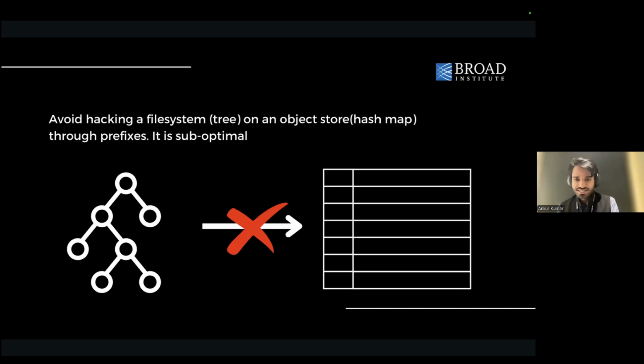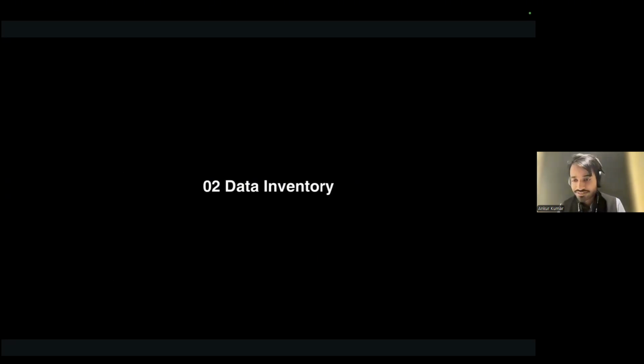You might be asking, if we don't do that, then how are you going to group files, or how do you even retrieve files back from the system? And that's the next part, the data inventory section. If the previous solution is suboptimal, what can you do to make data access much easier from your S3 buckets?